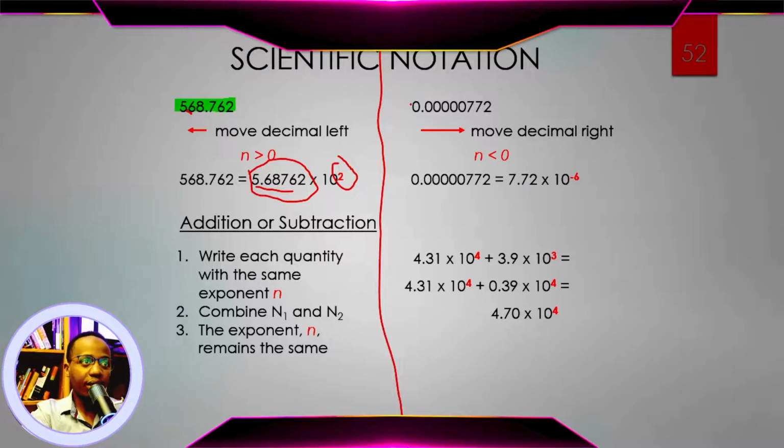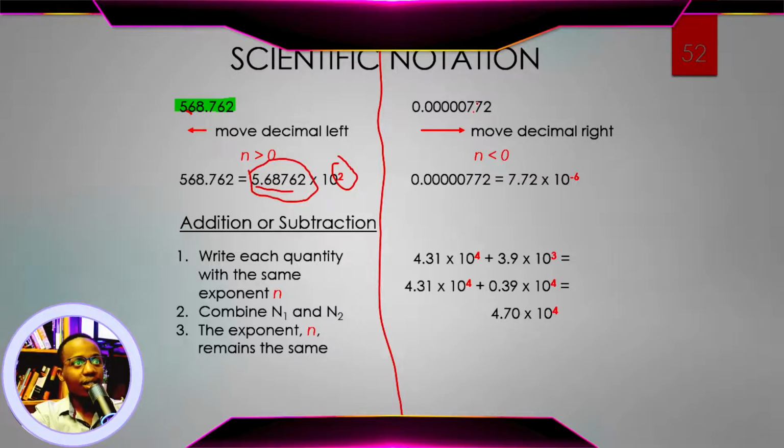It's similar when you have something that's less than 1. When it's less than 1, you move the decimal to the right. So here we're moving it until you get to one number. 1, 2, 3, 4, 5, 6.